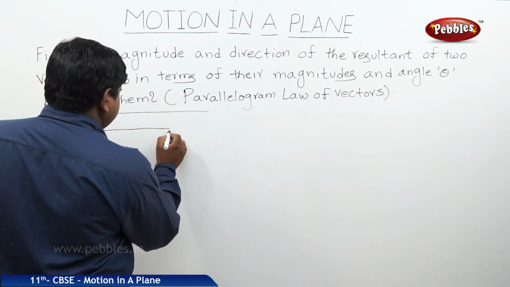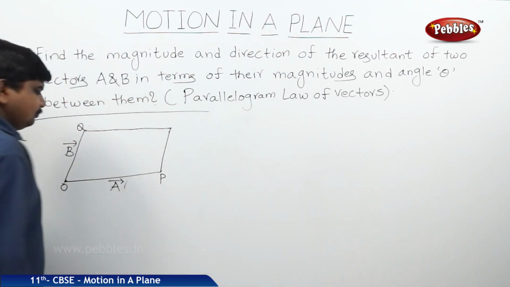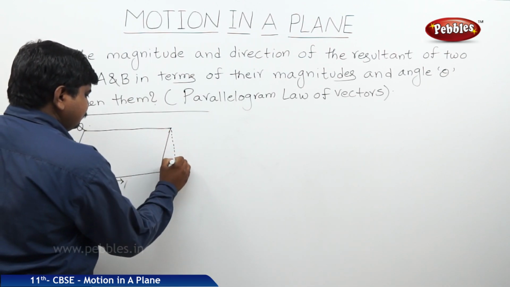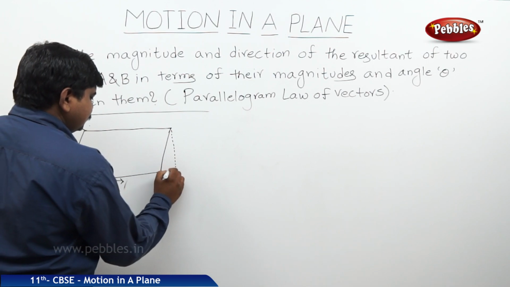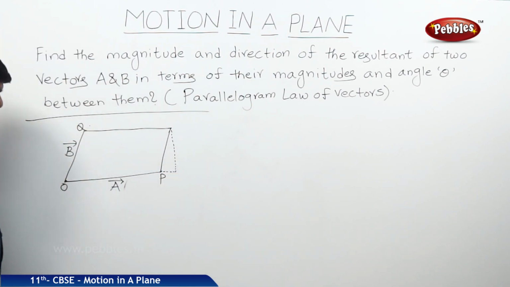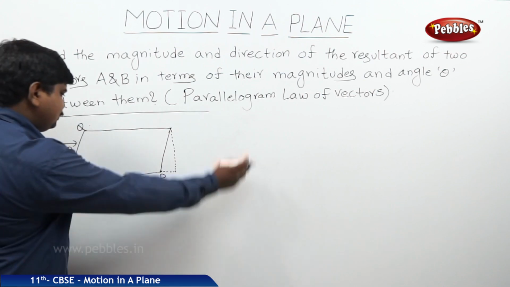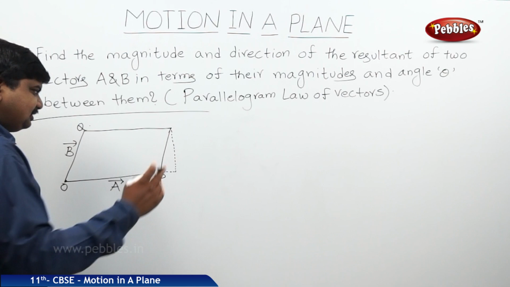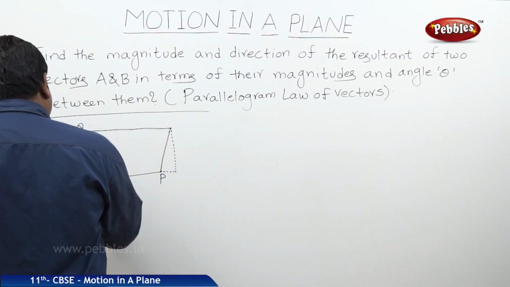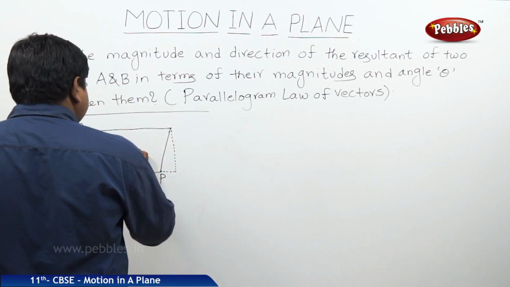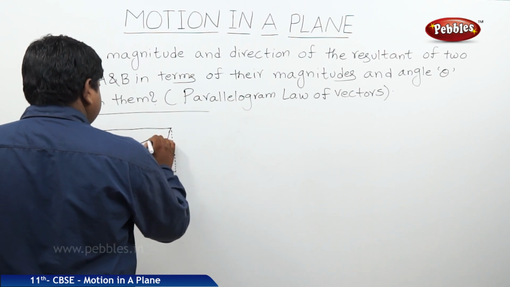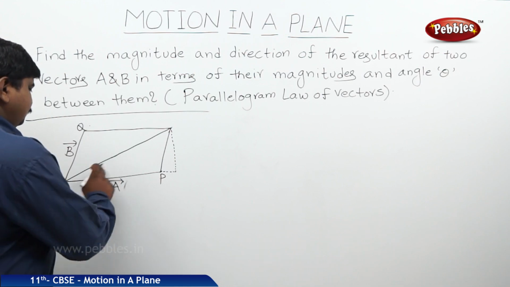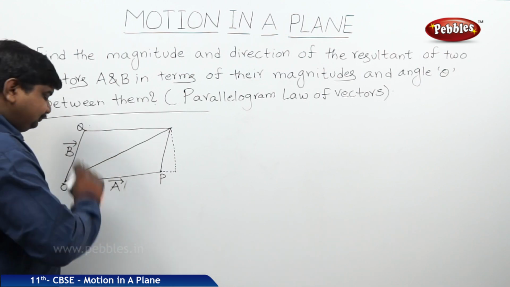If I join both and extend this one, the resultant of these two vectors passes through the origin and joins the diagonals which are opposite to each other. This is the resultant vector.